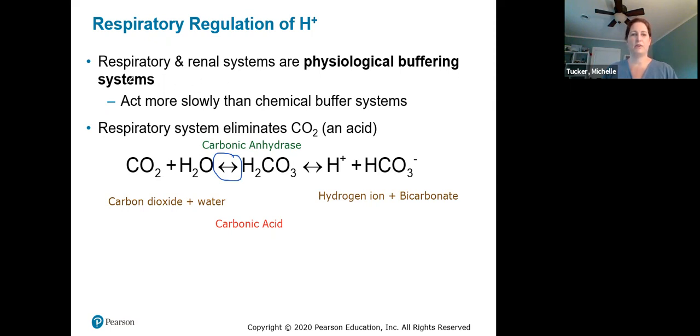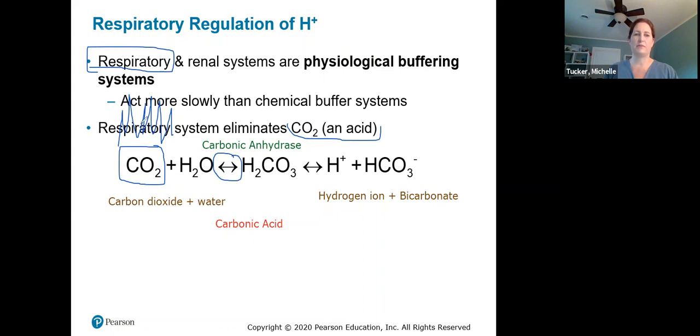For the respiratory system, the respiratory system can eliminate CO2. So it is going to control this reaction by removing CO2. CO2 always acts as an acid. And the reason why CO2 acts as an acid is that if you build up a lot of CO2, it puts pressure on this reaction.